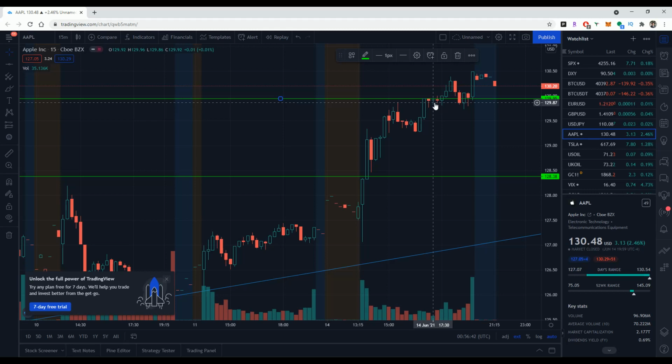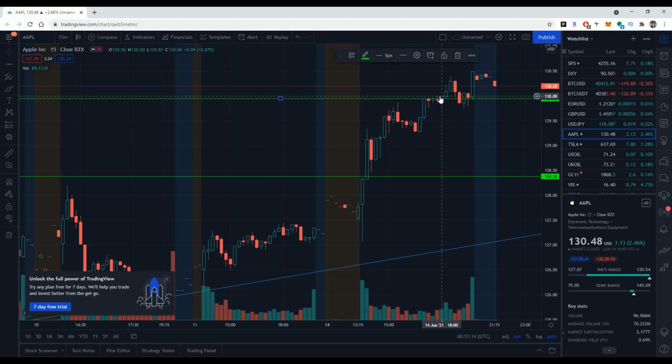If I decide to swing, I can shoot for a little higher, but since today I decided that Apple hit my target, I closed out. I bought 3 calls for almost $450 each, so that was over $1,300 spent, and I decided it was probably a good idea to close this and reutilize that cash for other plays. So I closed it right around here, took that nice $444 profit, and there we go.